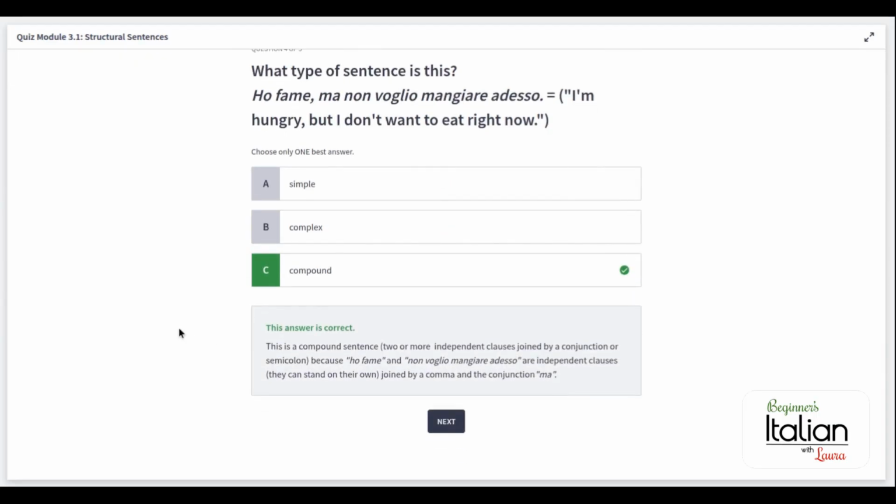Okay, so this is a compound sentence, which contains two or more independent clauses joined by a conjunction or semicolon. Because ho fame and non voglio mangiare adesso are independent clauses. They can stand on their own, joined by a comma and the conjunction ma.